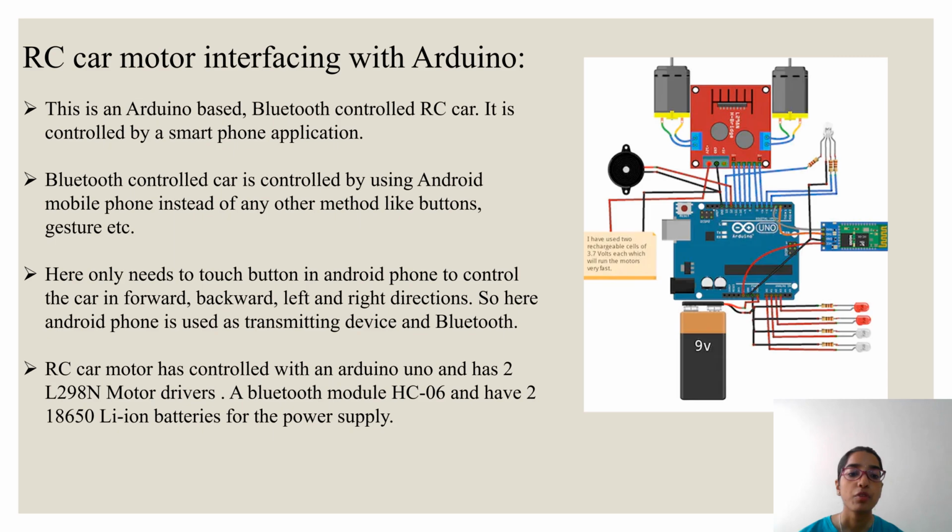So the Android phone is used as transmitting device and Bluetooth. The RC car motor is controlled with an Arduino UNO and has two L298 motor drivers, a Bluetooth module HC-06, and two 18650 lithium ion batteries for the power supply.